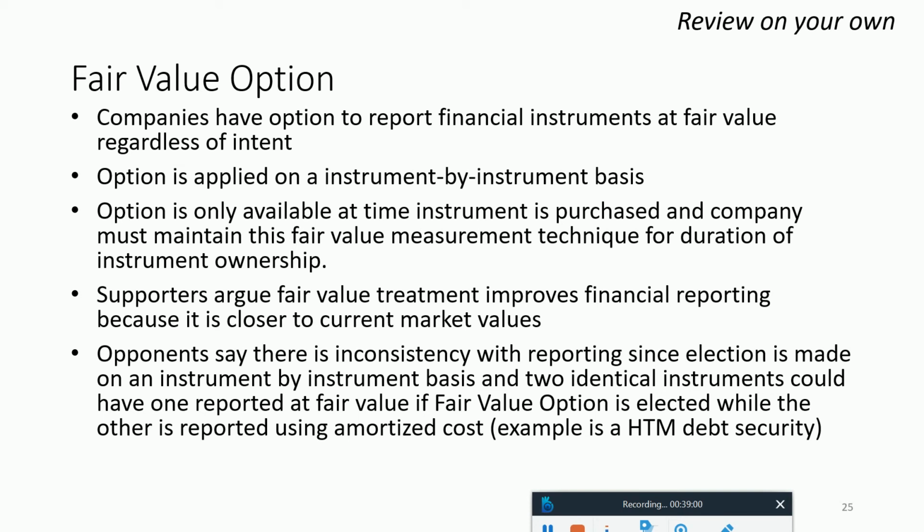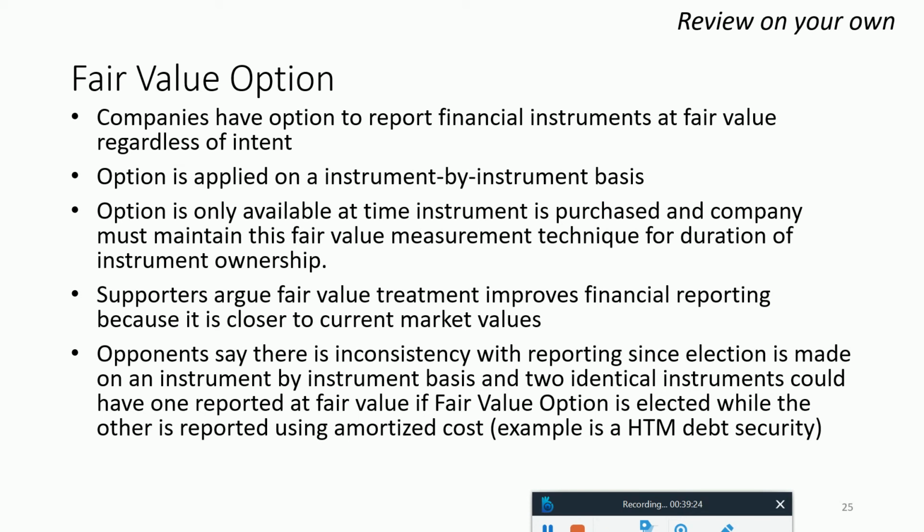However, people that are against this policy say that it is inconsistent with reporting because the election is allowed to be made on an instrument-by-instrument basis. 2 identical instruments could have one reported at fair value if the fair value option is elected while the other is reported using amortized cost.